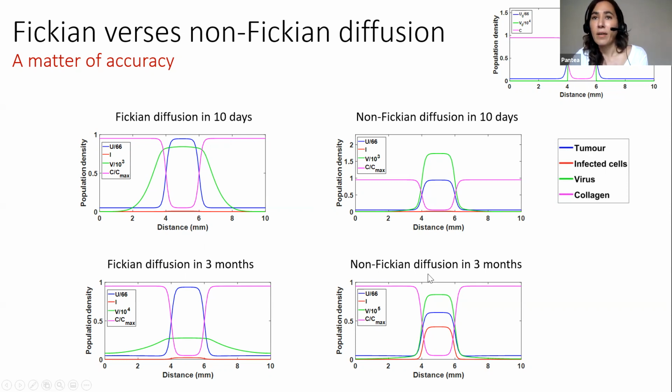The non-Fickian virus in 3 months has remained within this well, and we have a lot of infection in this well. The tumor growth for these models has been fitted to mice models. So they're actually quite aggressive types of tumors, because tumors in mice tend to grow pretty quickly. So the tumor growth rate here is actually quite high.